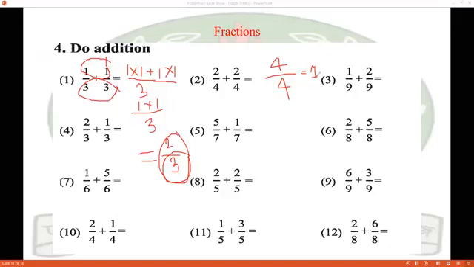Here you see that the common denominator is 9 and the numerators are 1 and 2, so 1 and 2 make 3. We can write 3. In this way we solve the whole math. You see that every math has a common denominator and a common numerator here, so we can solve it.